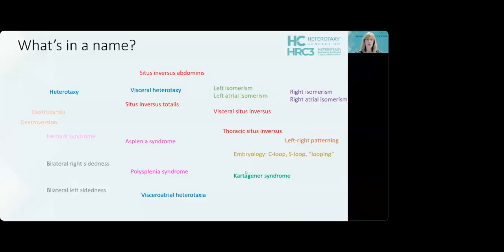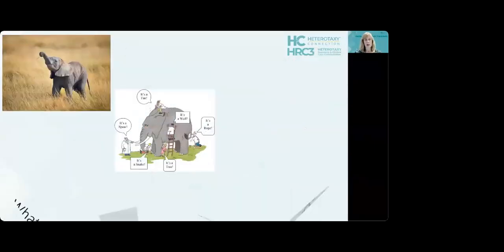Also, the embryologic terms, left-right patterning, embryology, C-loop, S-loop of the heart, or just more generic looping. And that's before you even get into beginning to talk about segmental anatomy and the different nomenclature that goes with that. And then finally, situs ambiguus viscerum. So this can all be very confusing.